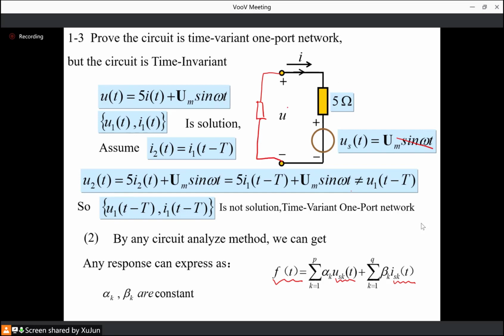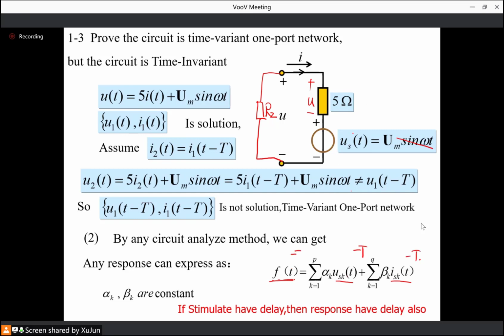In this circuit, any response, maybe this U is a response, this I is a response, can be expressed as a linear combination of the source. If the source has a delay, the response will have the delay also. If the source is delayed by T, the response will be delayed by T also.